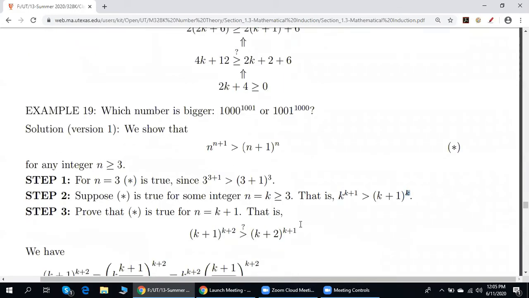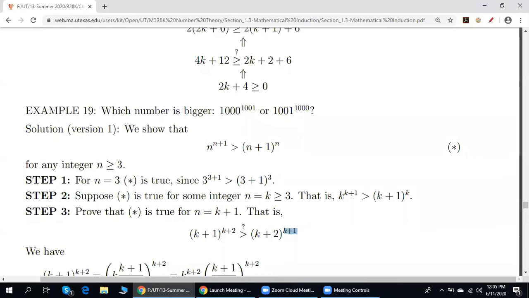Step 3, we want to prove that this is true for n equal to k plus 1. If we replace n by k plus 1, the left-hand side becomes k plus 1 to the k plus 2. The right-hand side becomes k plus 2 to the k plus 1.